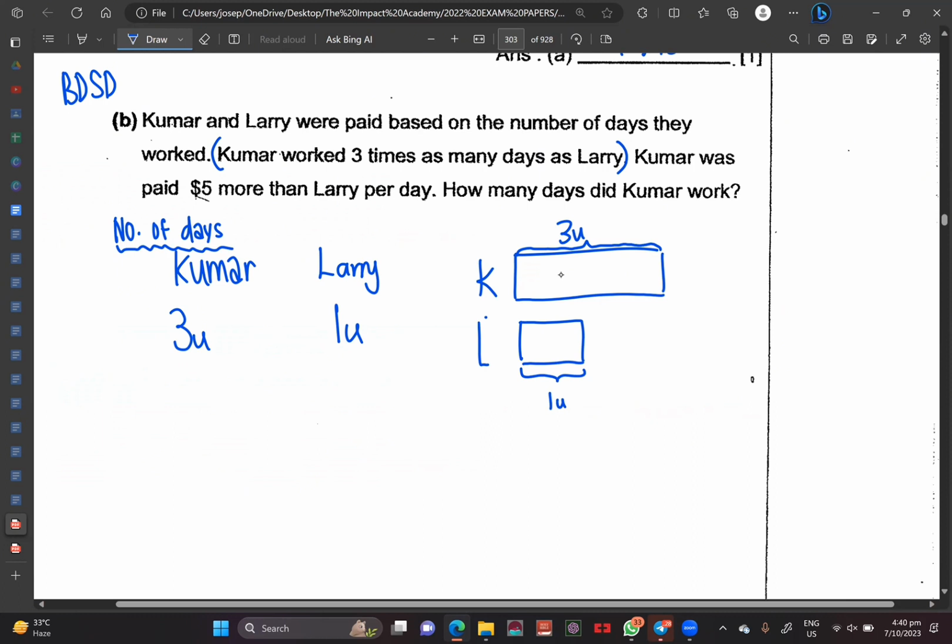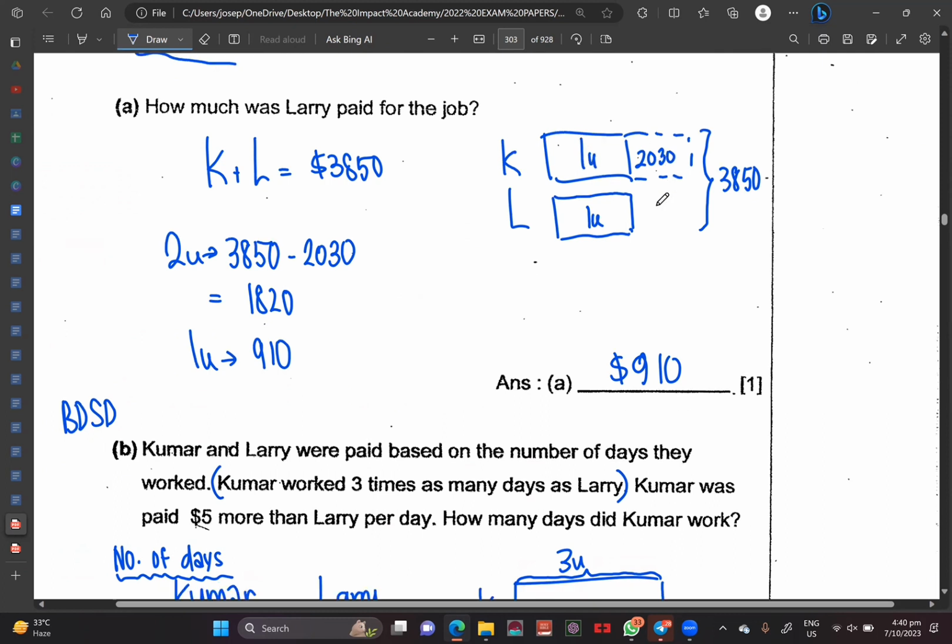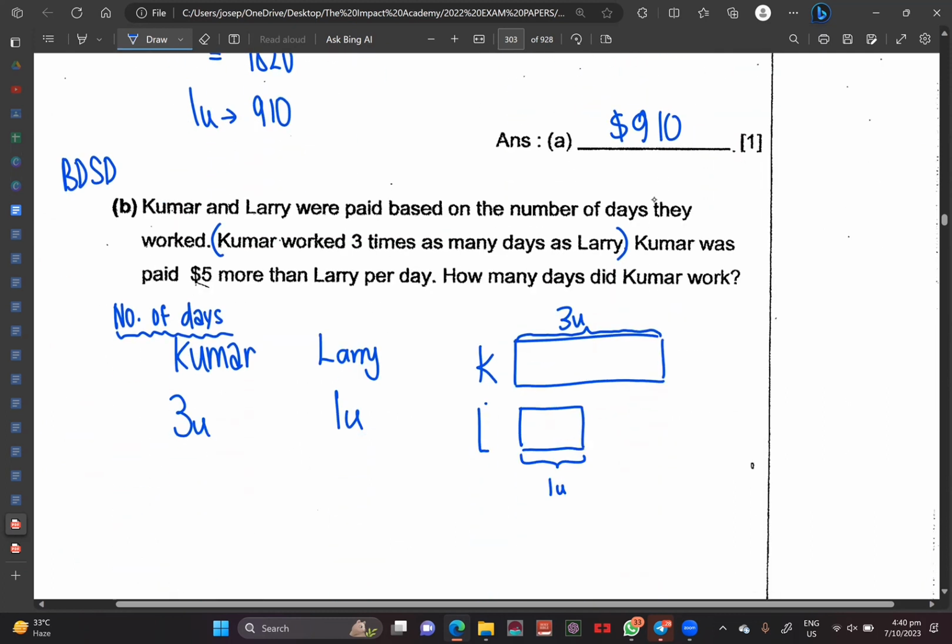Kuma worked 3 units, and how much did he earn? You remember just now? 1 unit plus 2030, correct or not? Which is how much? 910 plus 2030. Am I making sense here? Then for Larry, it's just 910. Am I making sense here?